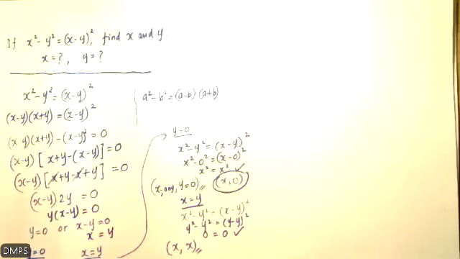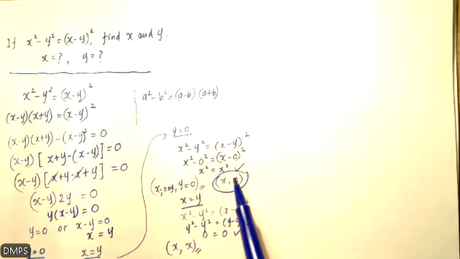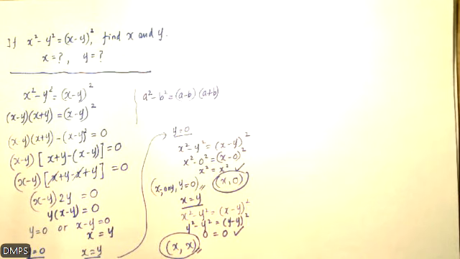All the x comma y values of this form, x comma 0, will satisfy the equation. And also all the x comma x form, where x and y coordinates are the same, will satisfy as well. So those are the solutions of this given equation, x and y, that satisfy that.